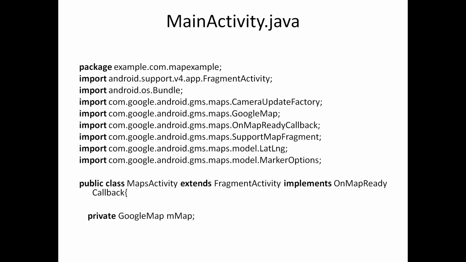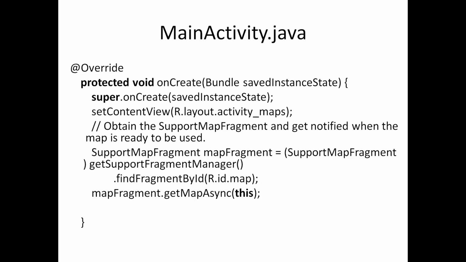And we are using MarkerOptions to mark places or elements. Then the public class MapsActivity extends FragmentActivity, which implements OnMapReadyCallback. So privately we are having a variable of type GoogleMap, and its object variable is mMap. Now we are overriding the method, which is the protected onCreate(Bundle savedInstanceState).